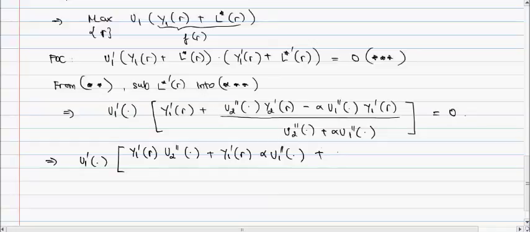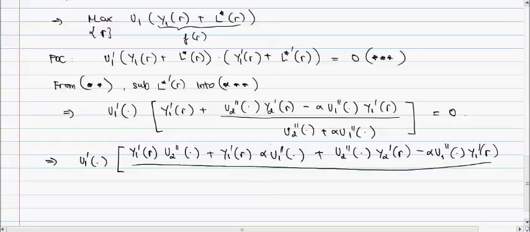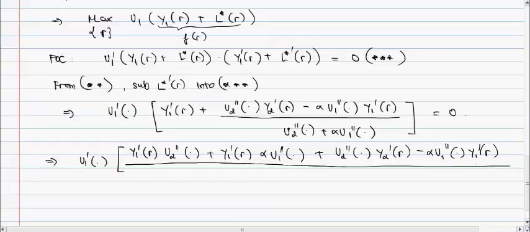So that becomes u2 double dash y2 minus alpha u1 double dash y1 dash of r, and everything divided by u2 double dash plus alpha u1 double dash.